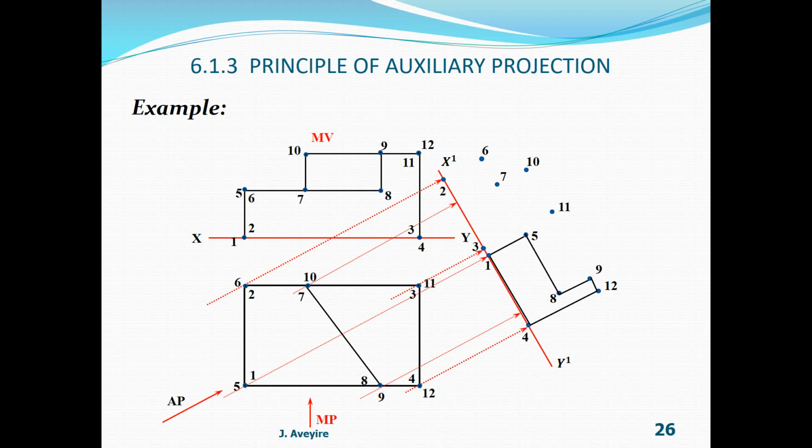Now considering the left of edge 1, 5, moving from 1, I can go to 2, that is the base, will be visible. Then from 2 to 6, that extreme edge will be visible. Then from 6 to 1, that will be visible. Now I can also consider edge 7, 10 will be visible.